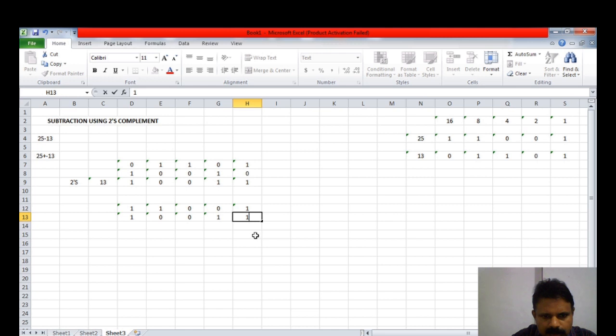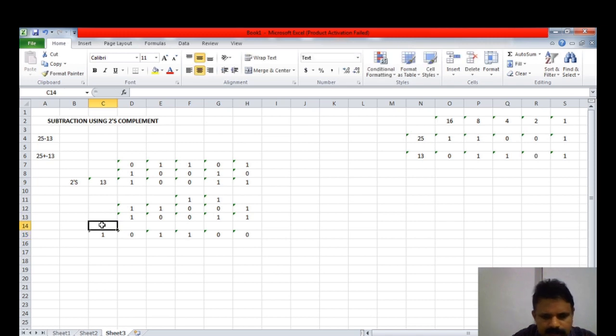Result will be 1 plus 1, that is 0, 1 carry, 1 plus 1 is 0, 1 carry, 1 plus 0 plus 0 is 1, 1 plus 0 is 1, and 1 plus 1 is 0, and there is a carry 1.